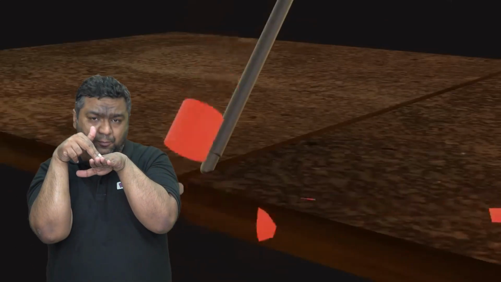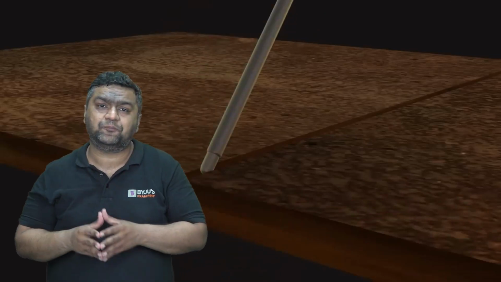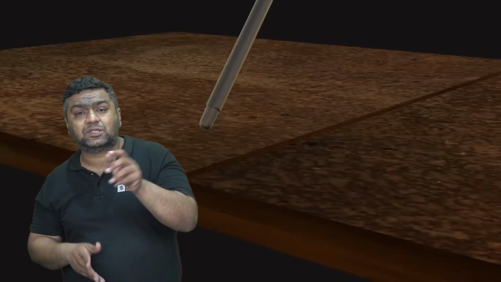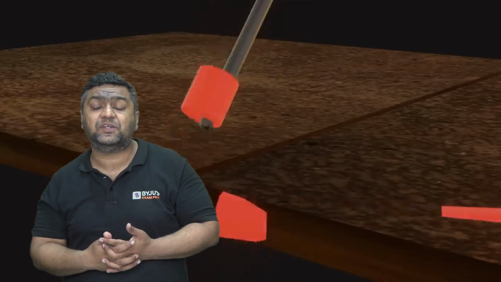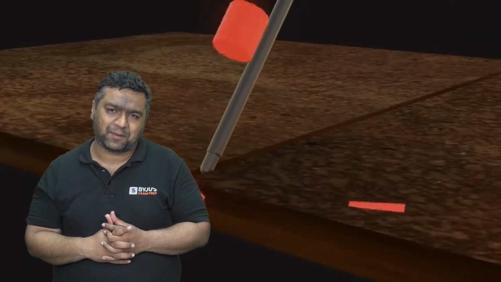Sometimes the electrode sticks to the workpiece, then the circuit becomes a short circuit, and then also there will be no welding. Open circuit voltage is the highest voltage at which current is not flowing. Short circuit current is the highest current at which short circuit happens, so a potential difference of 0 is present. So at both conditions welding will not happen.